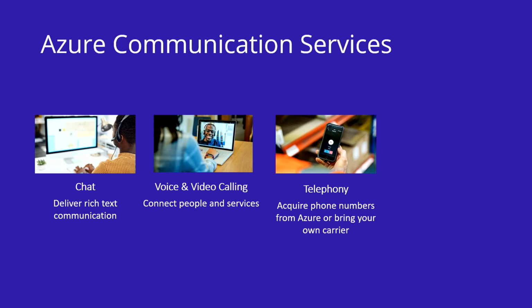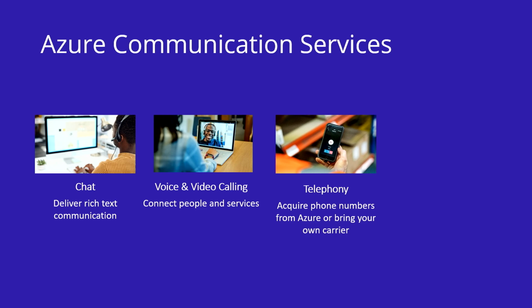So if you don't necessarily have a phone number, you can go to the Azure portal, or using our .NET SDKs, you can programmatically acquire a phone number. If you'd like to bring your own carrier, a lot of organizations have relationships with carriers already where they acquire phone numbers, and you can use open protocols like SIP to connect those carriers to Azure and interact with your own telephony system and the Azure platform.